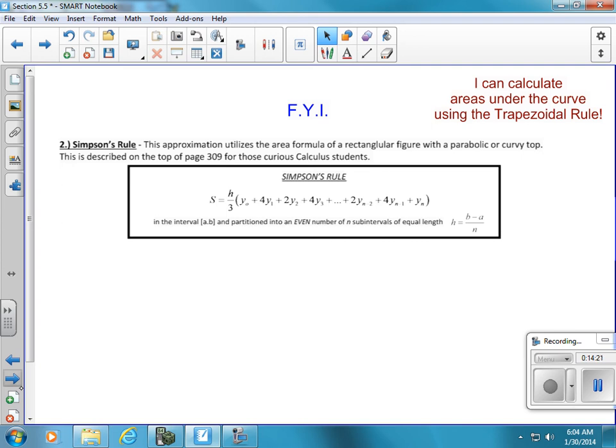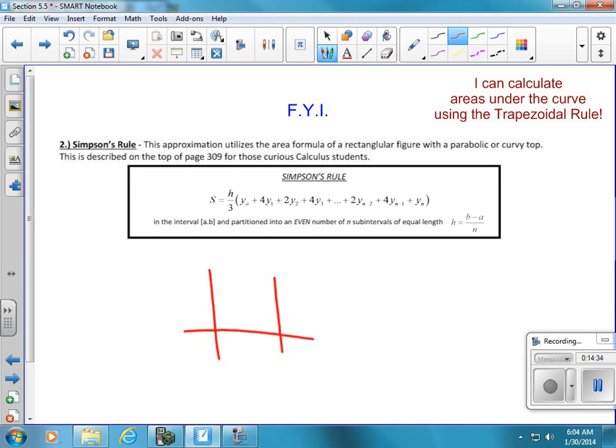It uses a parabolic or curvy top on a rectangular figure. So it actually gives the area of something like this. So it's actually more accurate than the trapezoidal rule, but the trapezoidal rule seems to be more common and definitely is asked on the AP exam.